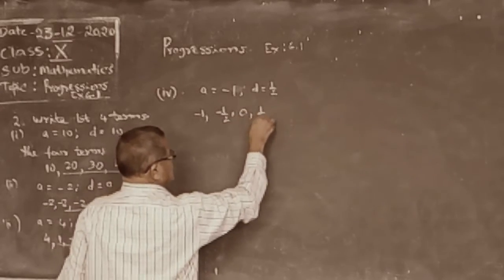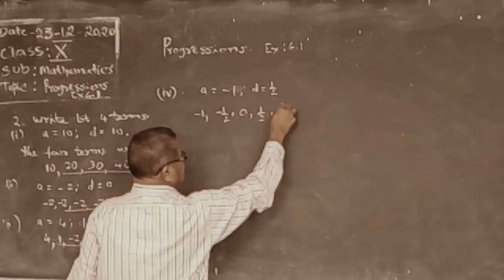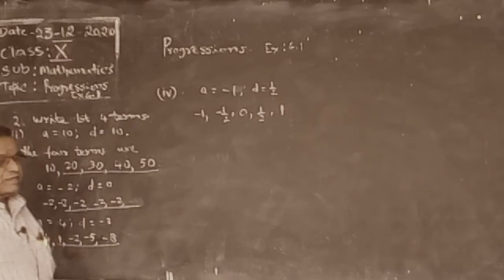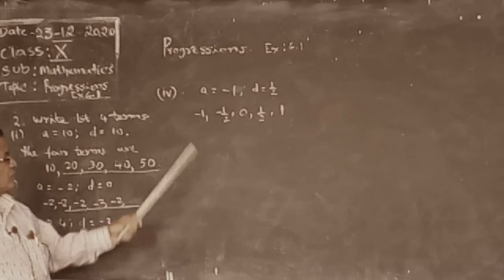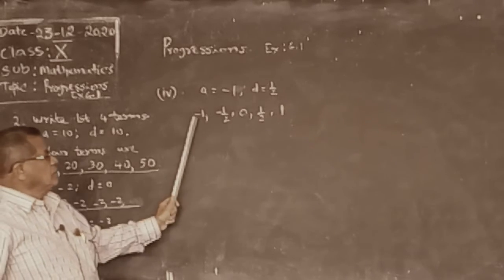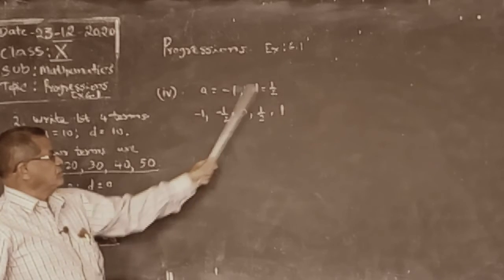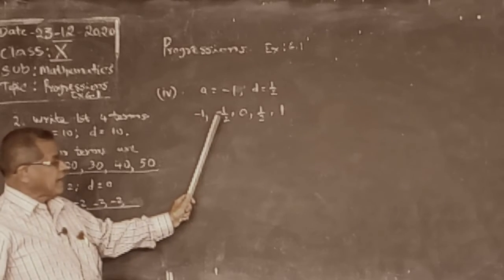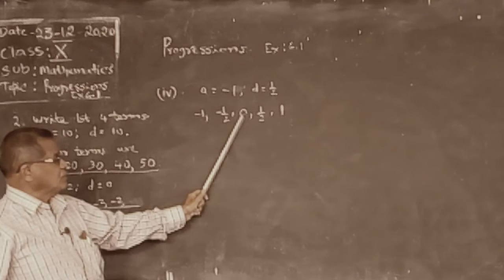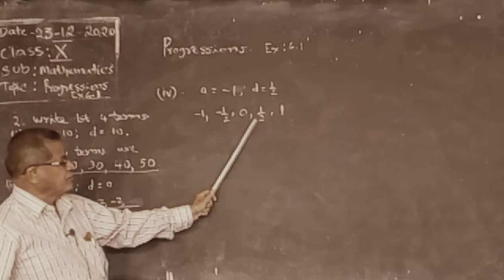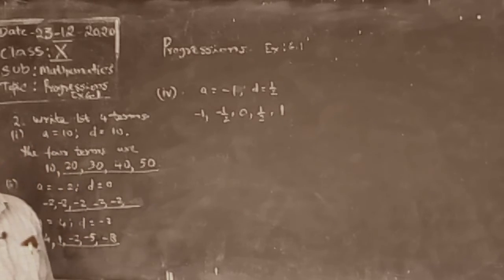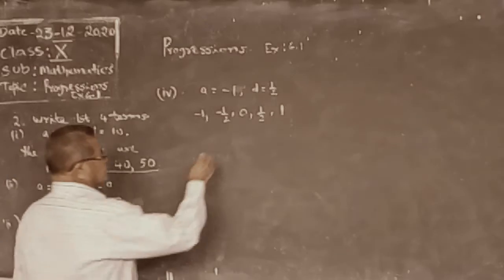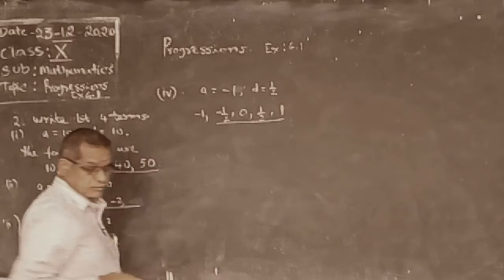And next, adding half, 1 by 2. Every time we are adding half, we can write orally: half plus half, 1. These are the 4 terms.